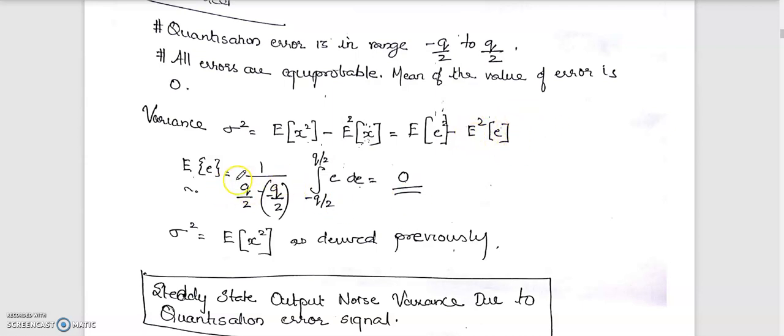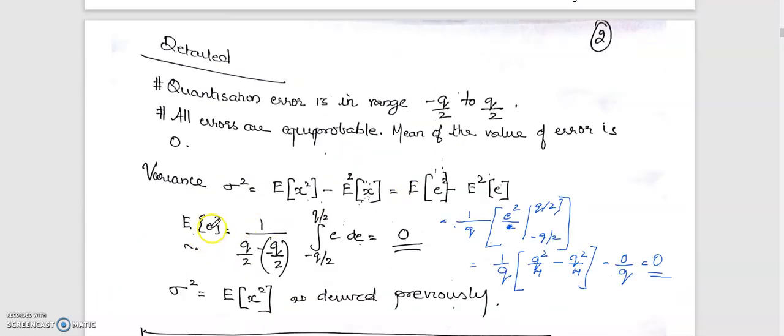So expected value of E will be given by 1 by q, that is a range q by 2 to minus of minus q by 2, integral of minus q by 2 to q by 2 of e de. Now this term becomes 0.